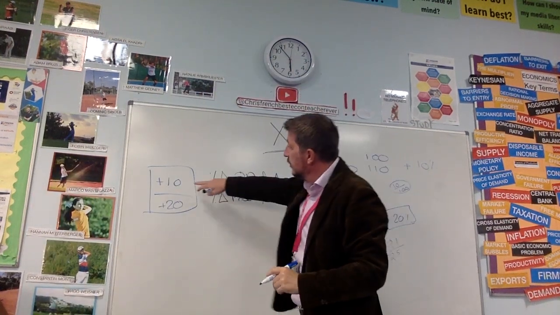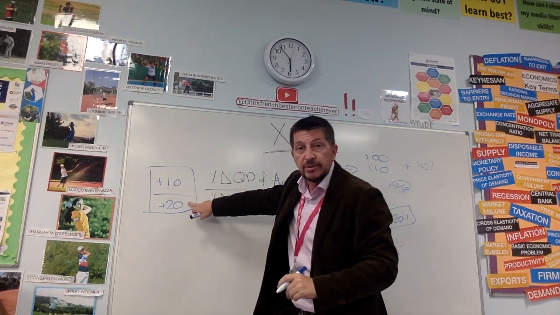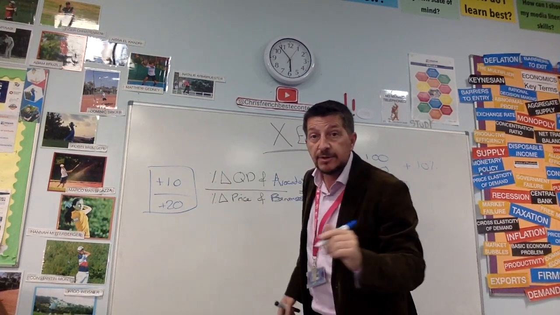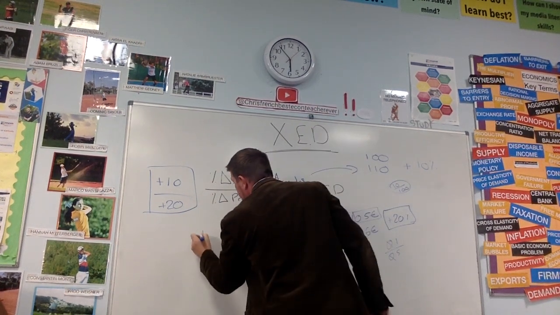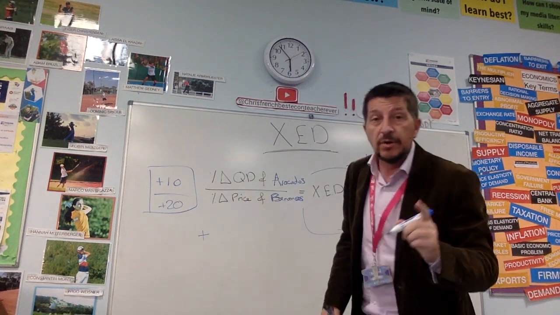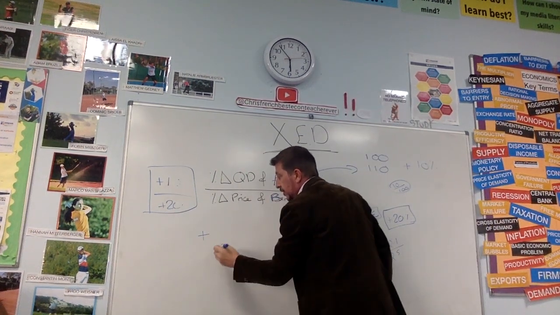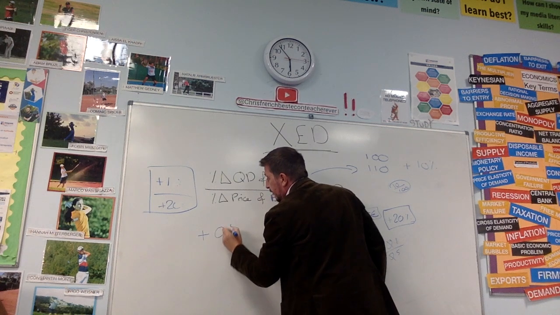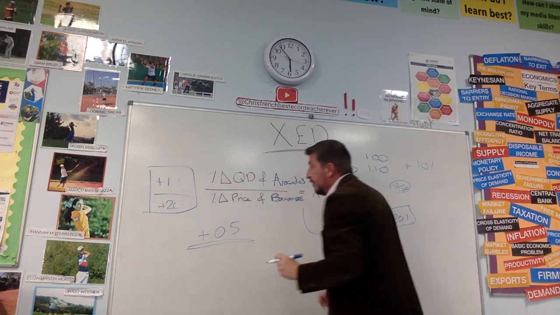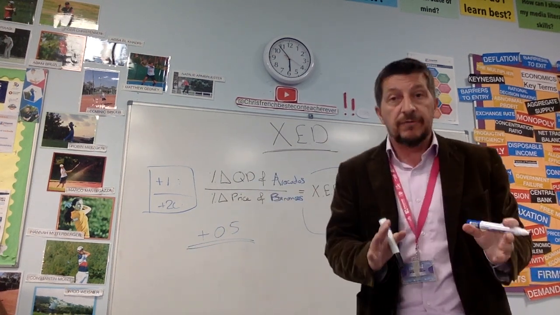And all we're going to do is plus 10 divided by plus 20. So we know it's a plus. That's really important, we'll come to that in a minute. And we know it's 0.5 because we've got 1 over 2. So 0.5.